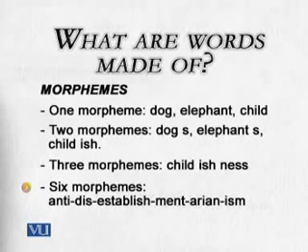Then arian, disestablishmentarian, and the last one is ism. In total there are these 5. If you add one more as a prefix, let's say anti, the word goes as antidisestablishmentarianism. So a word can have 6 morphemes also, but when you construct your words, make sure that the comprehension of your reader, of course, will be a question. Therefore, words which are smaller in size should be everybody's choice.